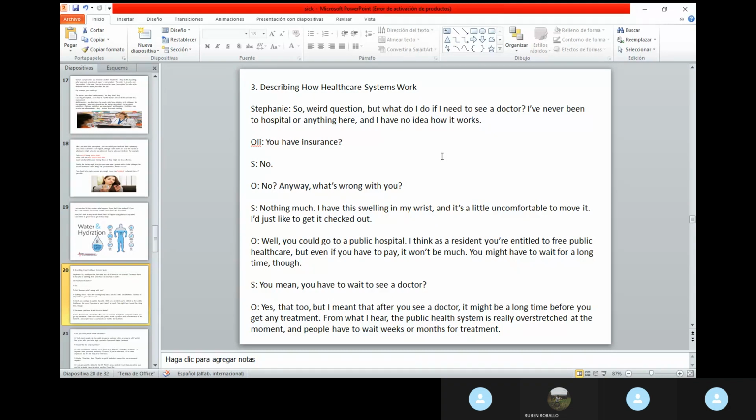I'd just like to get it checked out. Well, you could go to a public hospital. I think as a resident, you're entitled to public healthcare. But even if you have to pay, it won't be too much. You may have to wait for a long time too.